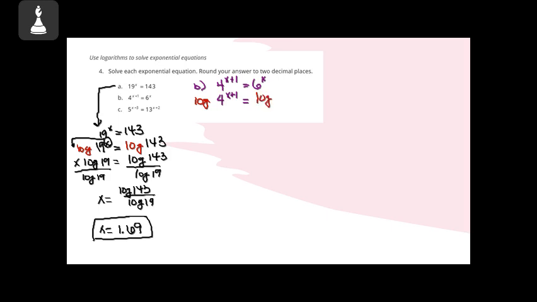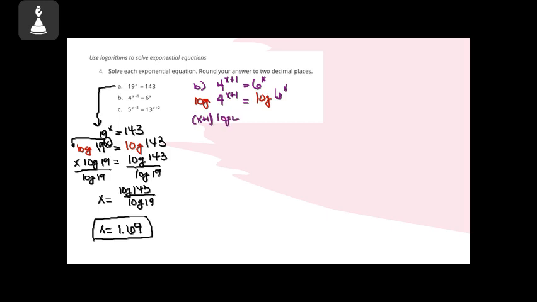Now, both of these have powers here. So in both of these, I have to bring this power down front. So x plus 1 is going to be in front of log of 4, and x is going to be in front of log of 6.